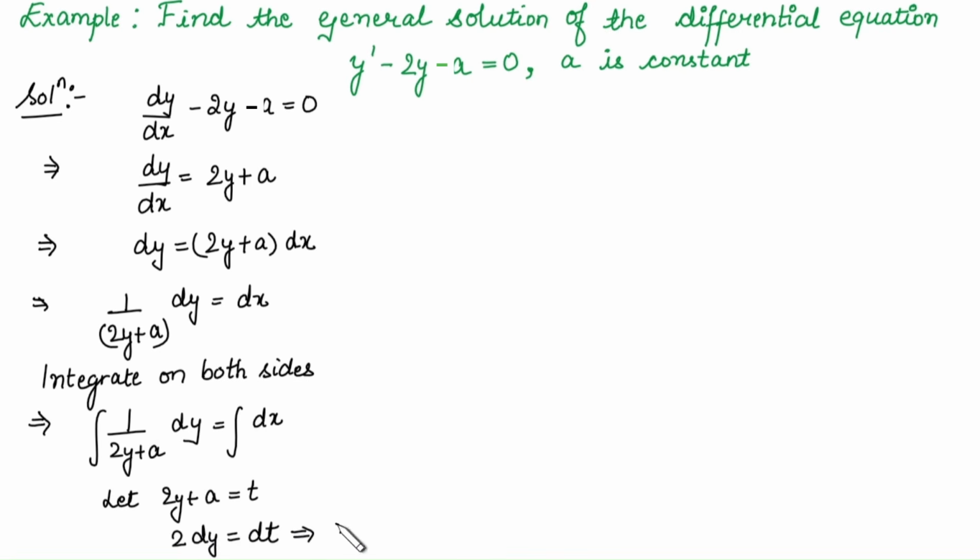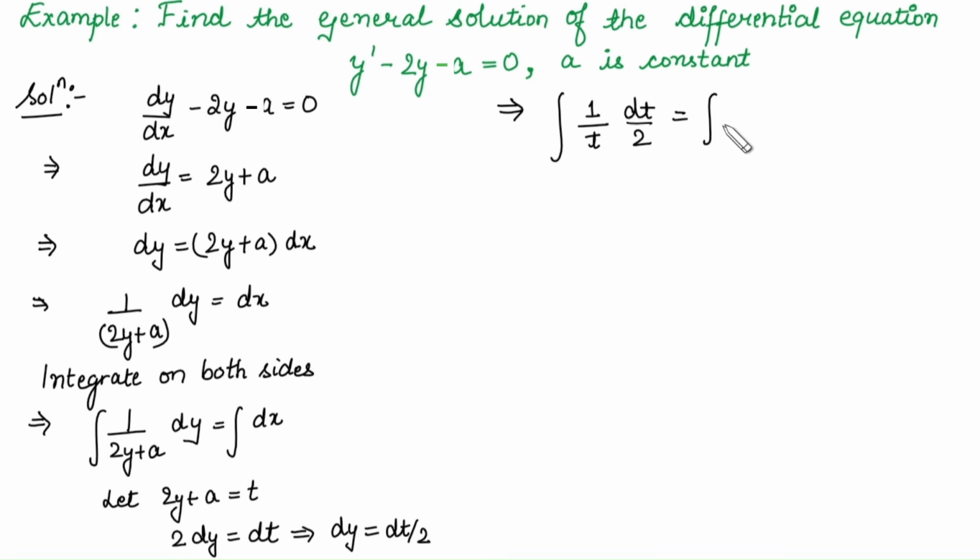This implies dy is equal to dt by 2. Use the substitution. This results in the integration as it is. The denominator term is t, and in the numerator 1 and dy gets converted into dt by 2.